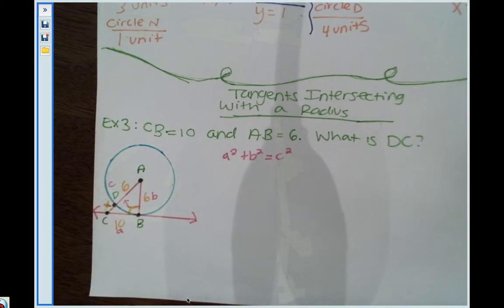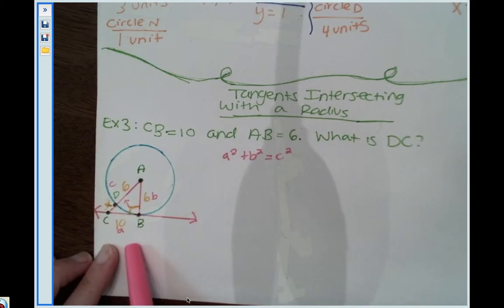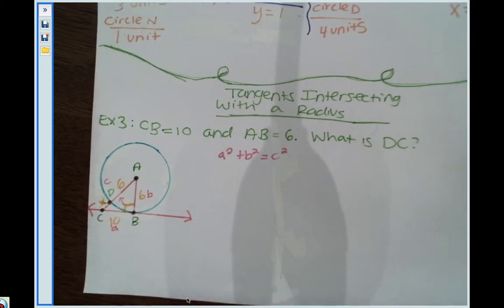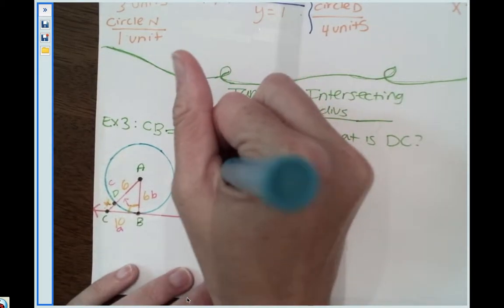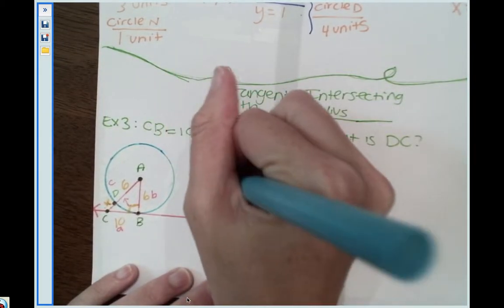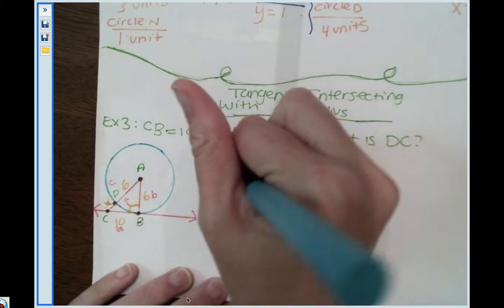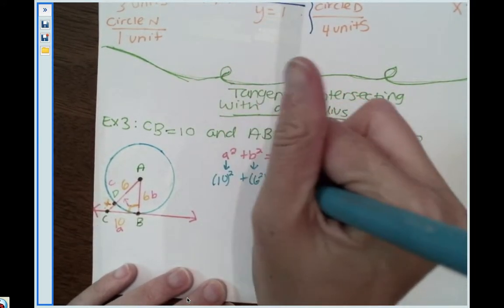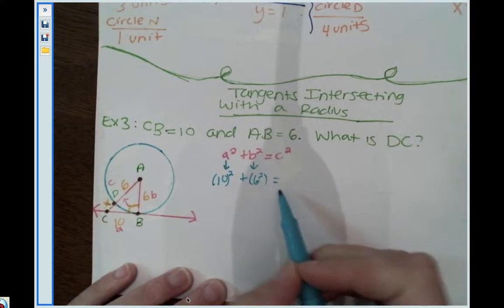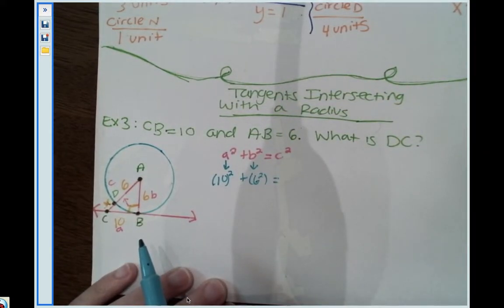All right, let's get this thing set up. So a squared is going to be 10 squared. So I'm going to fill that in. So 10 squared plus b squared, my b is 6, so 6 squared equals c squared.